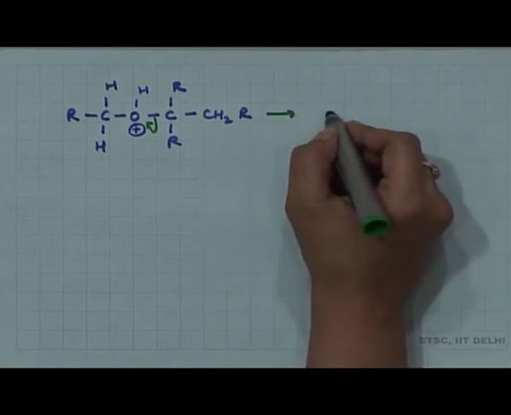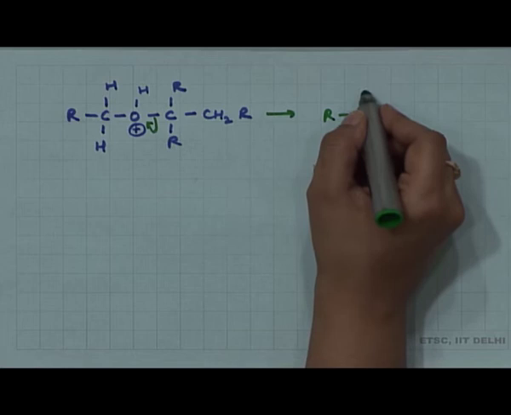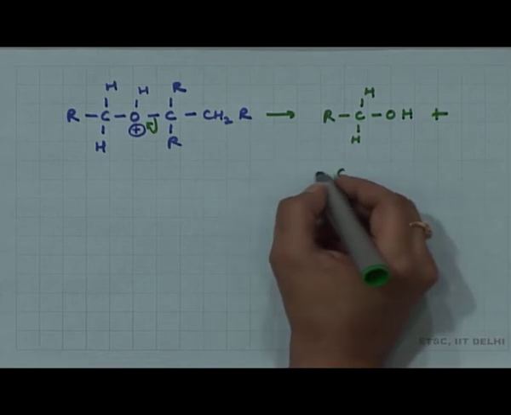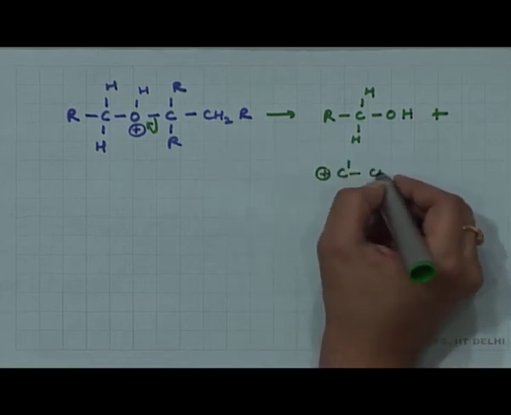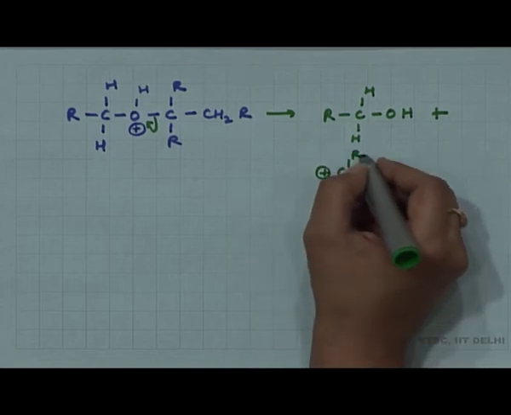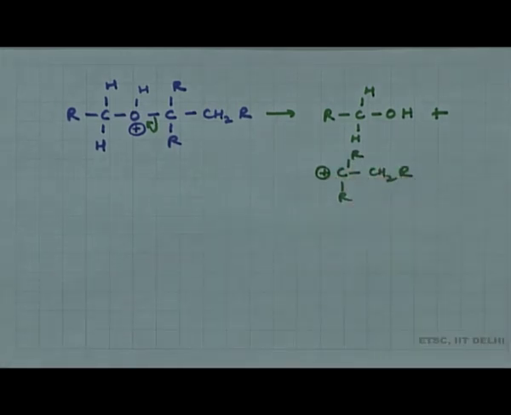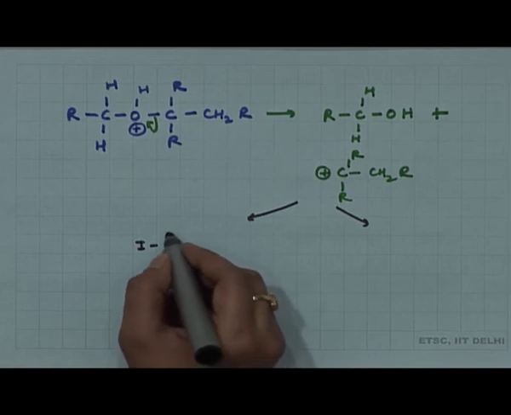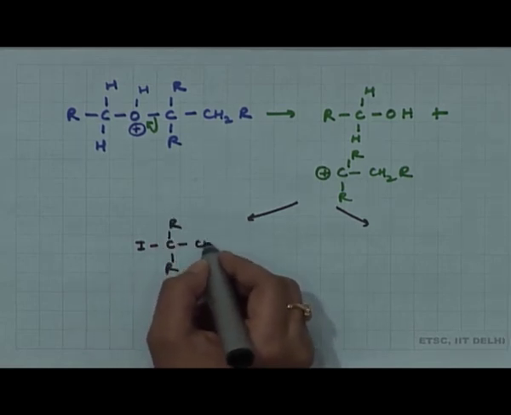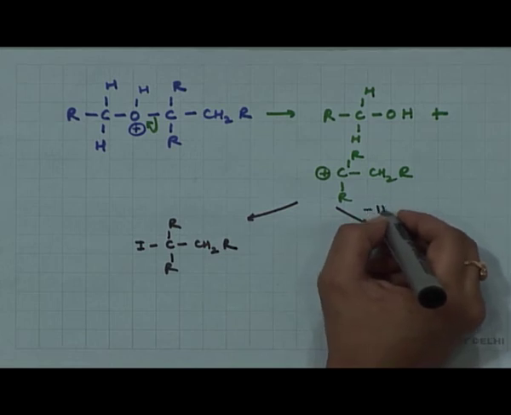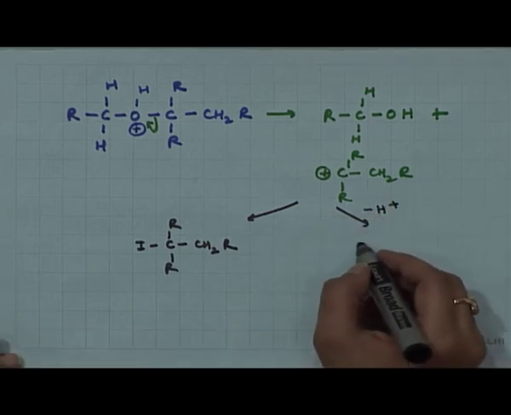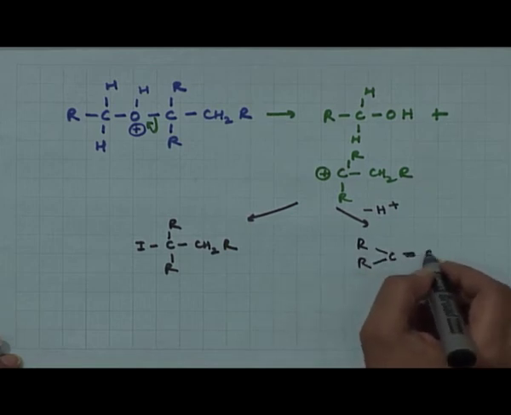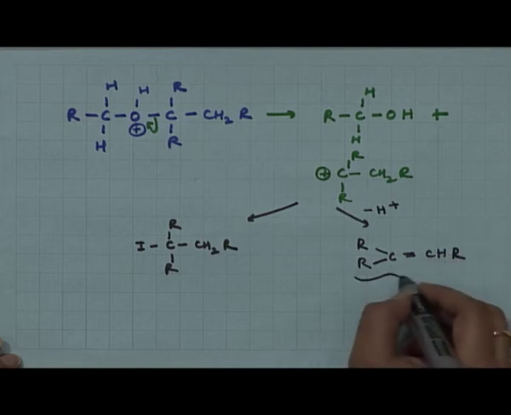After that, when the nucleophile attacks, you get the alcohol which is less substituted, and the attack of the nucleophile on the stable carbocation gives you the alkyl halide. Again there are two possibilities here: you can get the more substituted alkyl halide, or it can undergo loss of a proton, that is, an elimination reaction, which is always competing with 3 degree carbocations, and you get the corresponding elimination product.